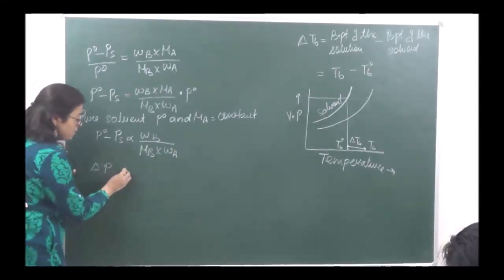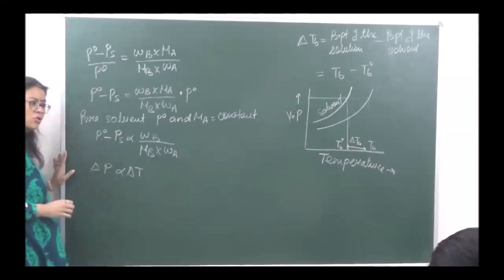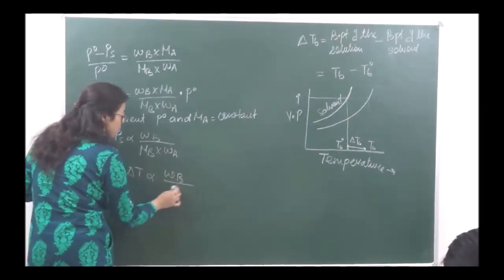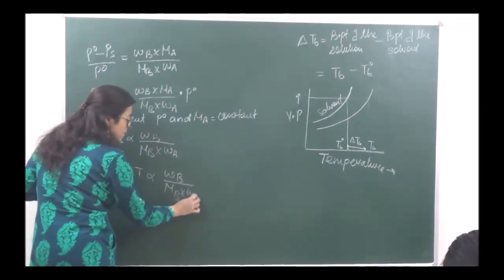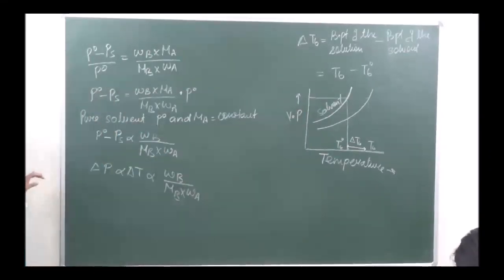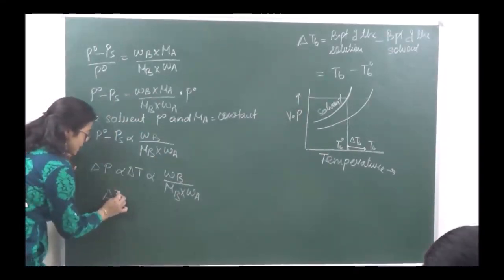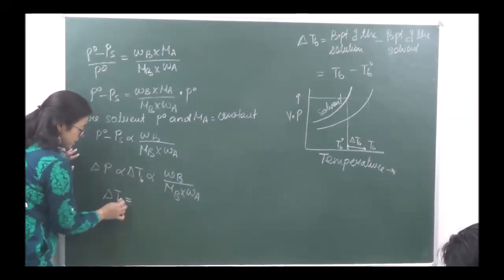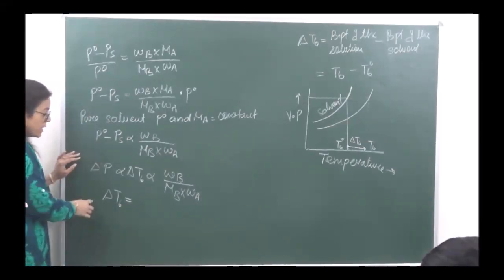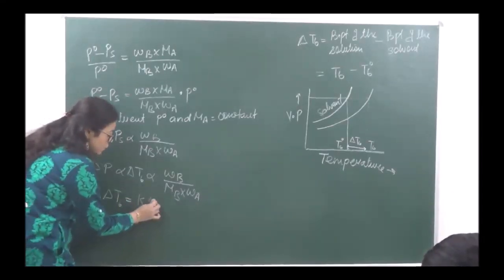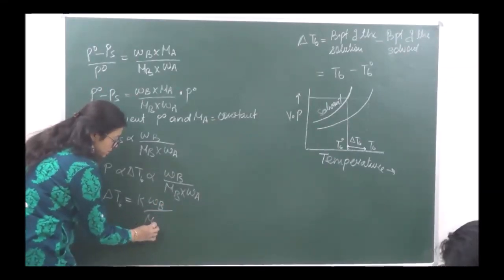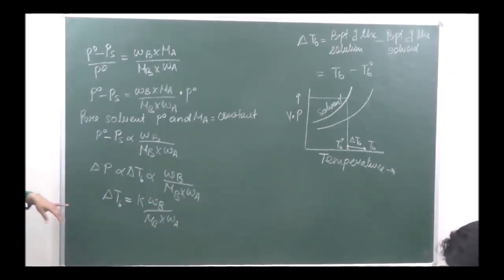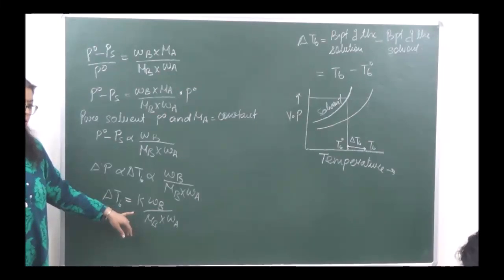So we can say that delta P is directly proportional to delta T, or is directly proportional to Wb upon Mb into Wa. Or we can also write that delta T, let's say this is the boiling point, delta Tb we are taking over here. So delta Tb will be equal to K into Wb upon Mb into Wa, where K over here is the elevation constant.